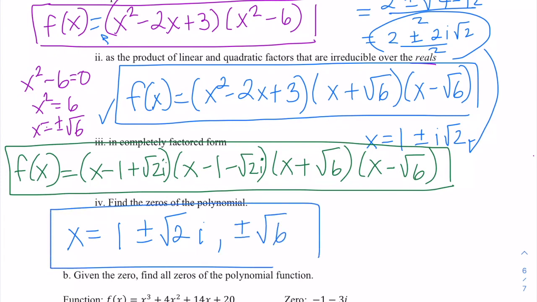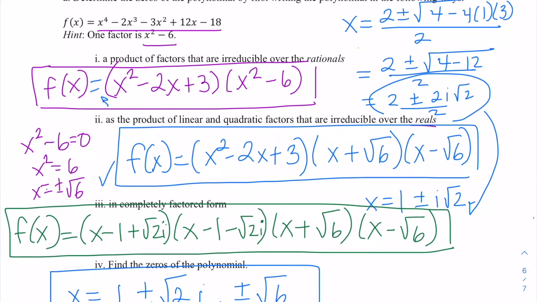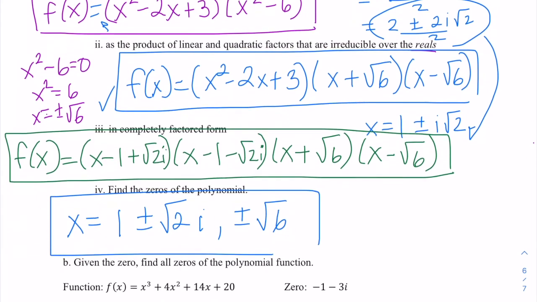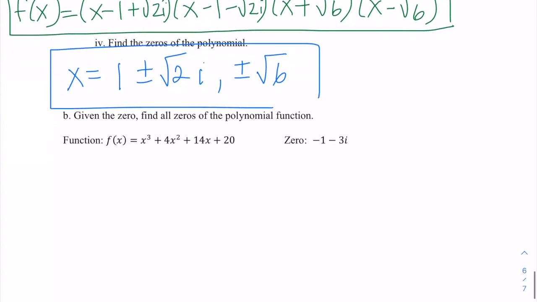So we know that this is a quartic, so we'll have 4 roots, or 4 zeros, I should say. But the first 2 are a conjugate pair of imaginary roots, and the second pair are conjugates of irrationals. Okay, so 4 roots there. And so that was something that we could not use the PQ test for, right? We couldn't use the rational roots test because neither of those are rational.